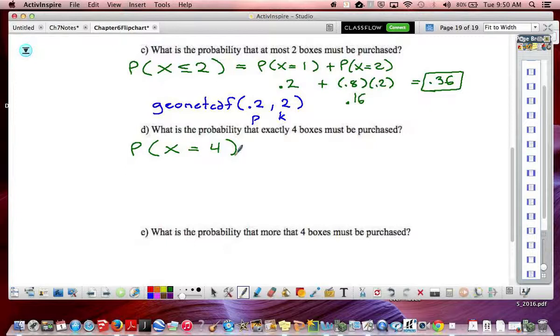If I'm thinking about this one by hand, I have to fail how many times? 3. And then succeed. So 0.8 to the 3rd power times 0.2, 0.1024.